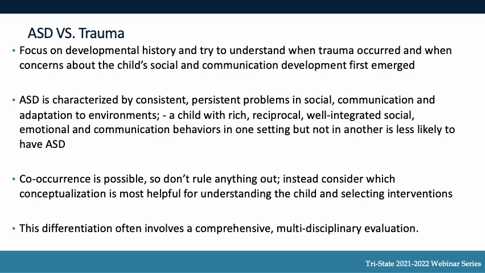Now, when you're trying to understand if a child is presenting with true autism spectrum disorder, which is a neurobiological condition, or if the child is behaving in a limited social and emotional way because of experiences with trauma, that's when we are often treading on really tricky territory.